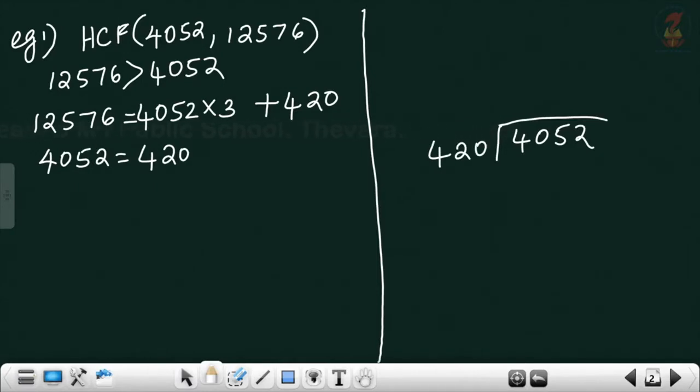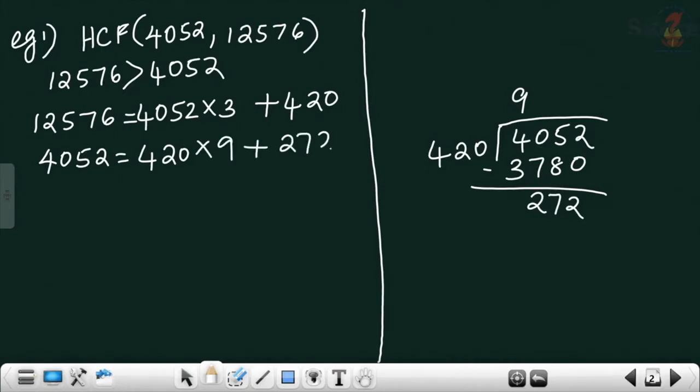How many times is it? 9 times. So, you get 3,780. So, the remainder is 272. So, you can write this as 420 into 9 plus 272.